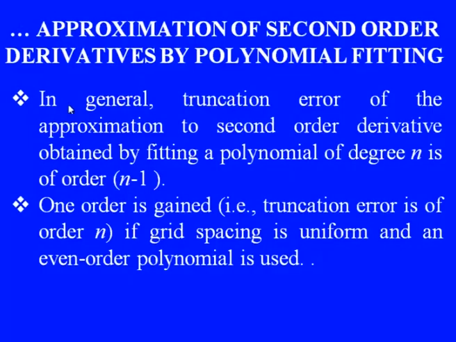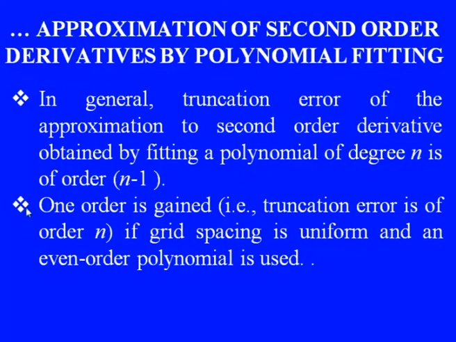Now there is something which I would like to note here, which you can verify from your results on truncation error. We have already made similar comments on the approximation of the first order derivative by polynomial fitting. So what happens in the case of second order derivatives? In general, the truncation error of the approximation to the second order derivative obtained by fitting a polynomial of degree n is of order n minus 1.